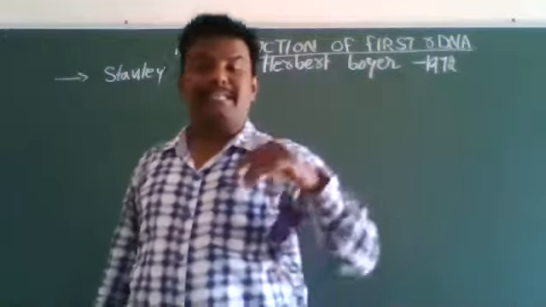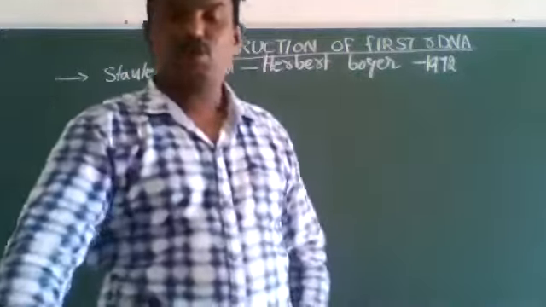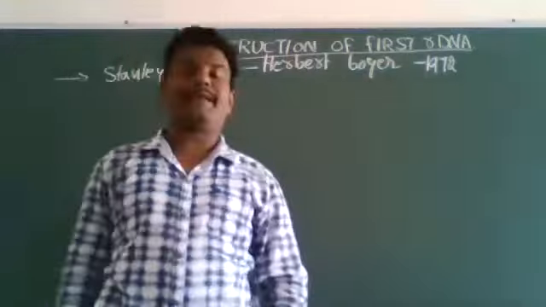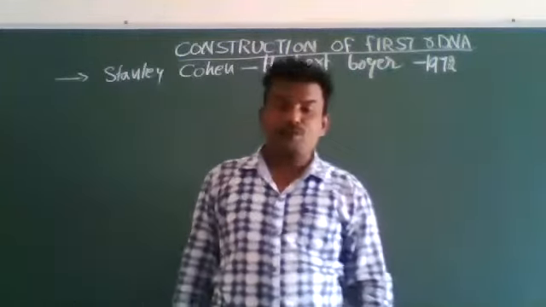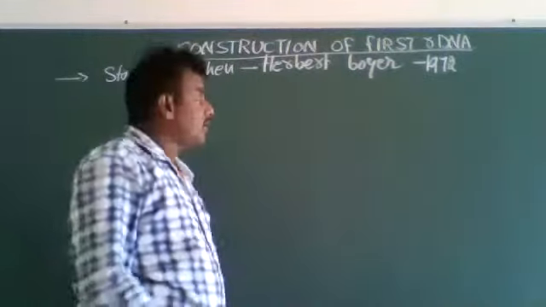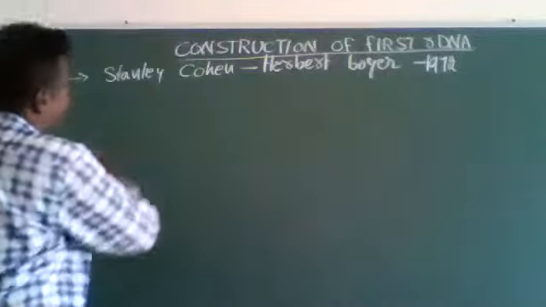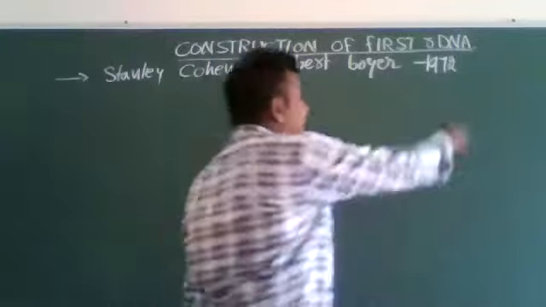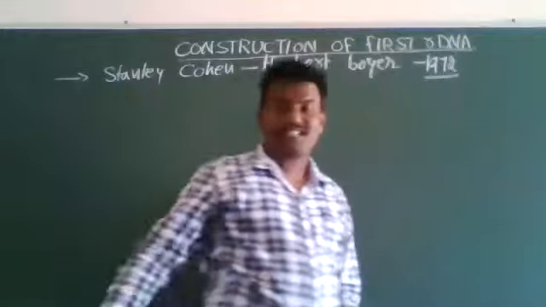The word itself says the meaning, recombinant DNA. So the American geneticists Stanley Cohen and Herbert Boyer accomplished the construction of the first recombinant DNA in 1972.